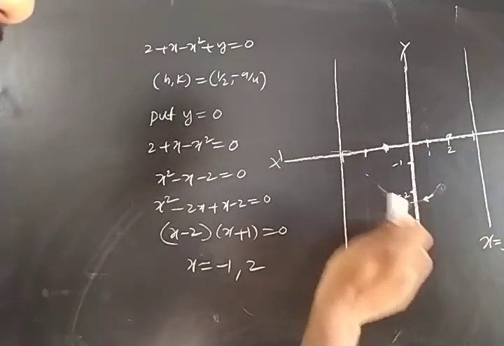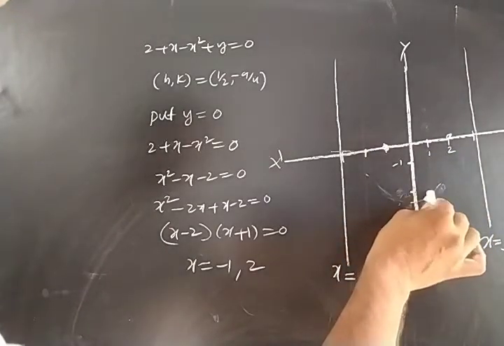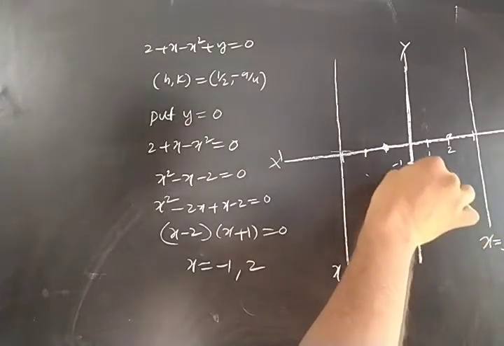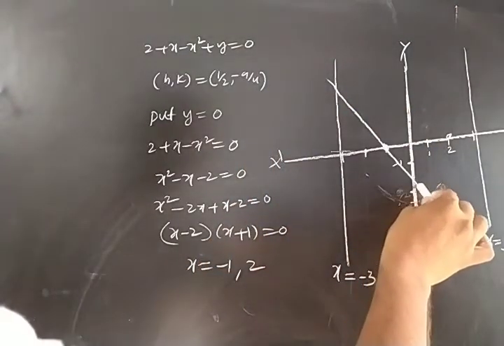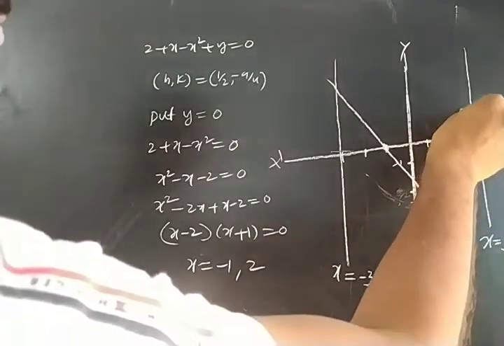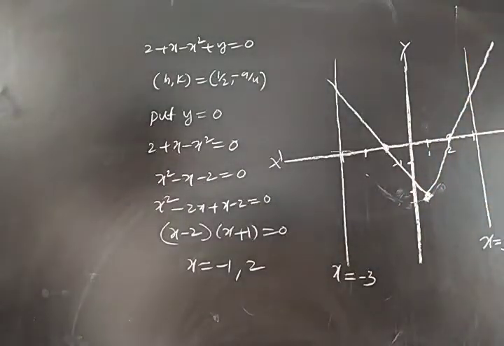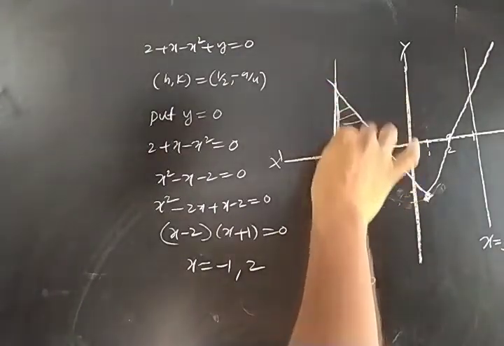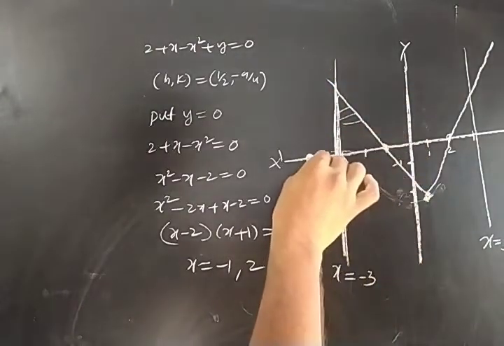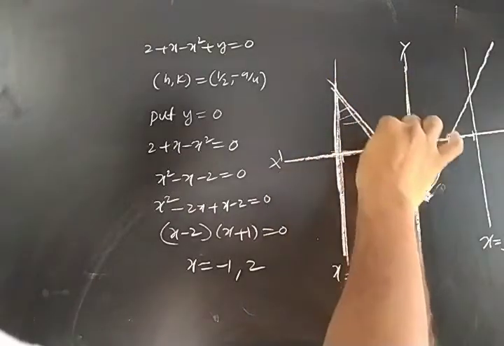So now I am going to draw the parabola. The vertex lies here. This is the parabola. It will meet x equal to minus 3 somewhere. It will meet x equal to 3 somewhere. So this is the bounded region. Why? Because it is bounded by x equal to minus 3, the x-axis and the curve. Okay.